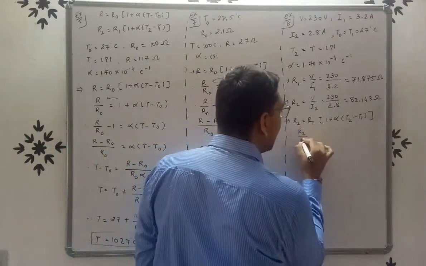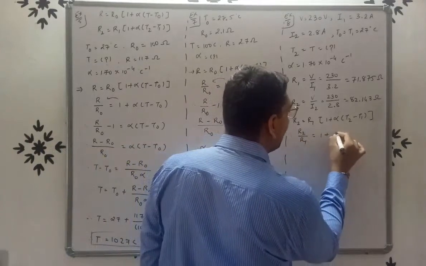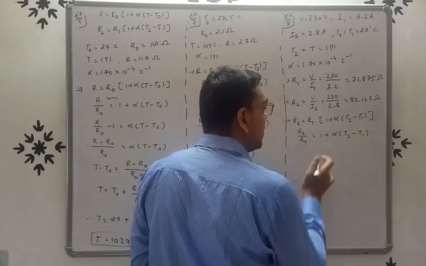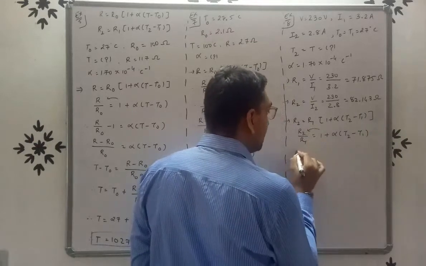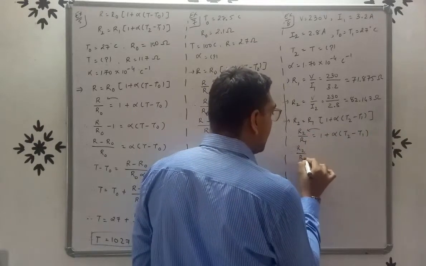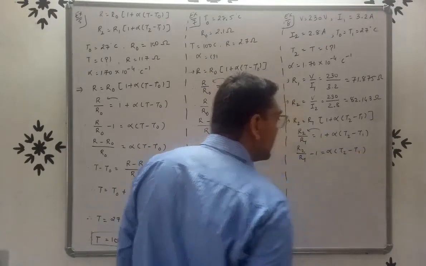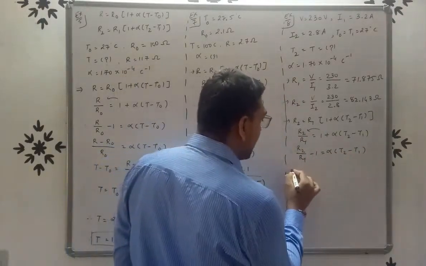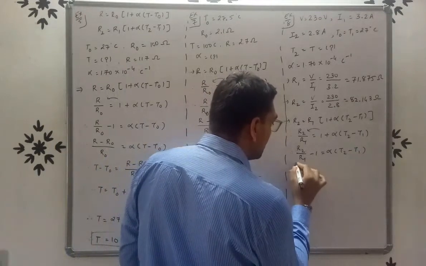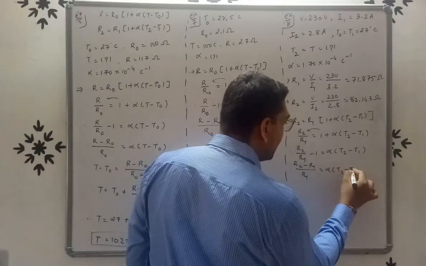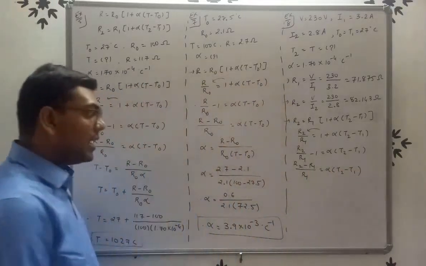So R2 by R1 is equal to 1 plus alpha, T2 minus T1. This one goes to the left hand side. So R2 upon R1 minus 1 is equal to alpha into T2 minus T1. Here we take R1 LCM. So R2 minus R1 upon R1 is equal to alpha, T2 minus T1, right?